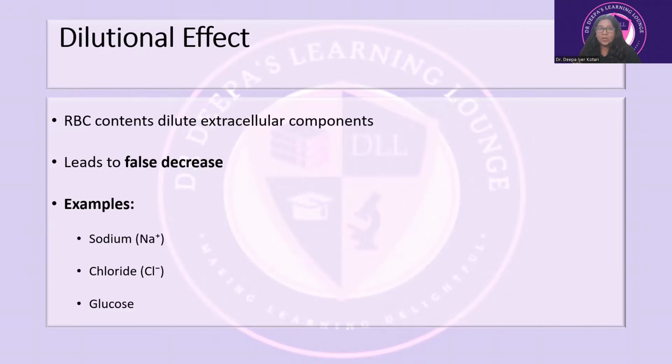That is because of the dilutional effect of the milieu of the RBC that is exited into the extracellular fluid. Some of these analytes include glucose, sodium, and chloride. So whenever there is hemolysis, in the same scenario where the potassium is raised, glucose, sodium, and chloride are falsely lowered. That is because of a dilutional effect. So that also needs to be kept in mind.